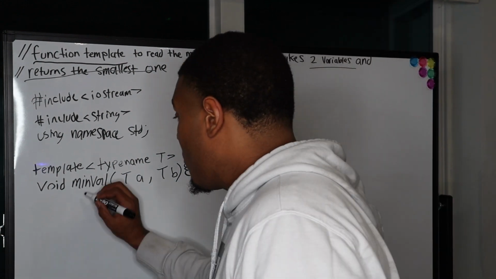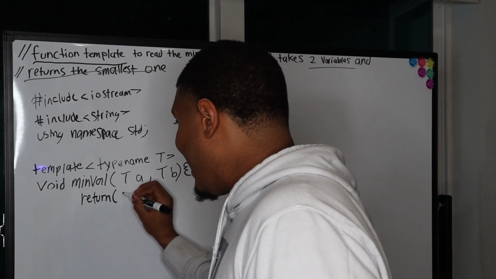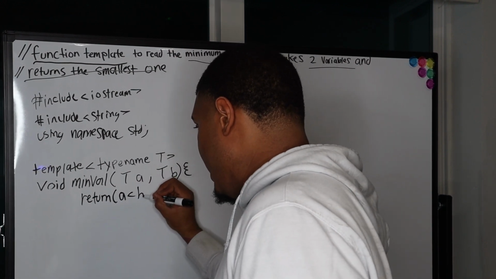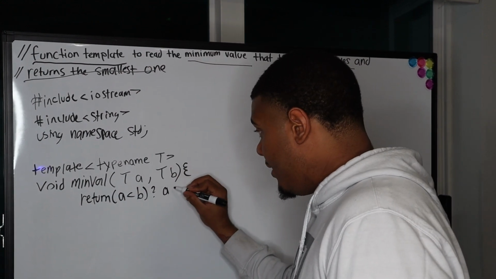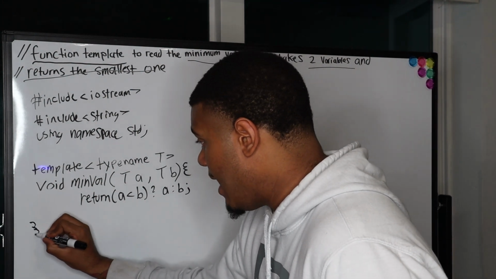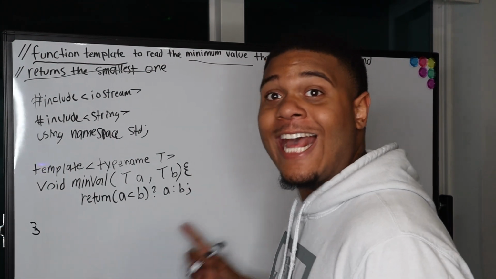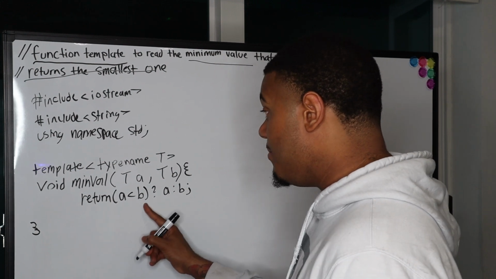So we're going to return a less than b, and we're gonna use that ternary, a or b. Close that thing. So we're gonna return a less than b.